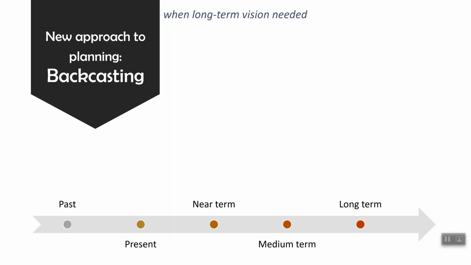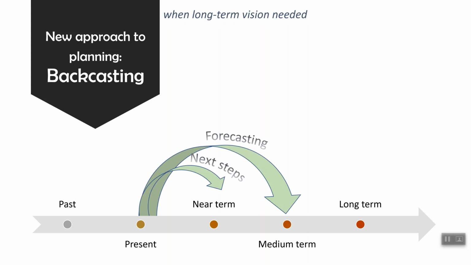Regardless of whether you use the theory of the natural step or the eco-advantage green to gold plays or any other strategic planning method, the natural step has suggested a new approach to strategic planning, backcasting. Most of the traditional planning methods look at near-term or mid-term timeframes for planning purposes.